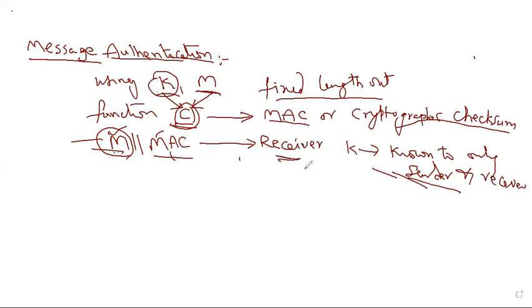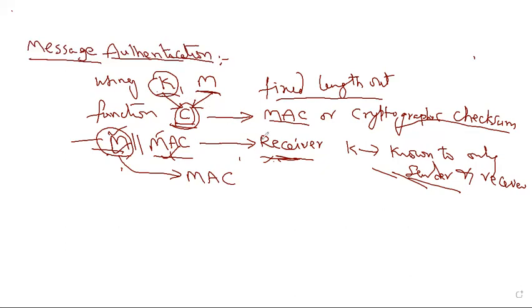But how does the receiver check? After receiving this message along with the MAC code, his duty is to again generate a MAC code from the received message by using the same function with the same key, because this key is also available at the receiver.